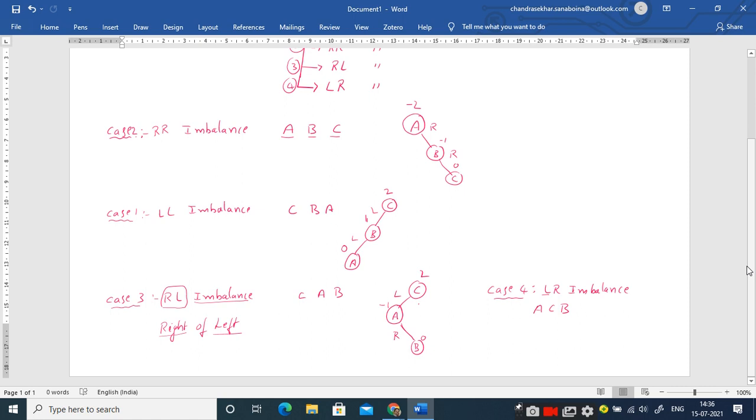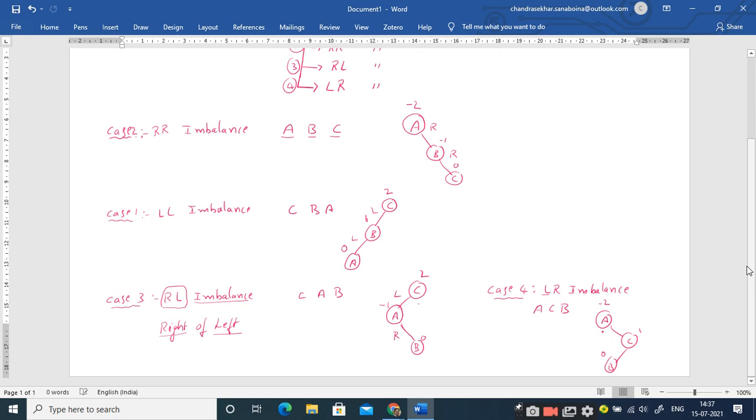And if I construct this ACB, I will get the AVL tree like this. Am I right or not? Yes, sir. So the balance factor of B is 0 and the balance factor of C is 1 and the balance factor of A is -2.